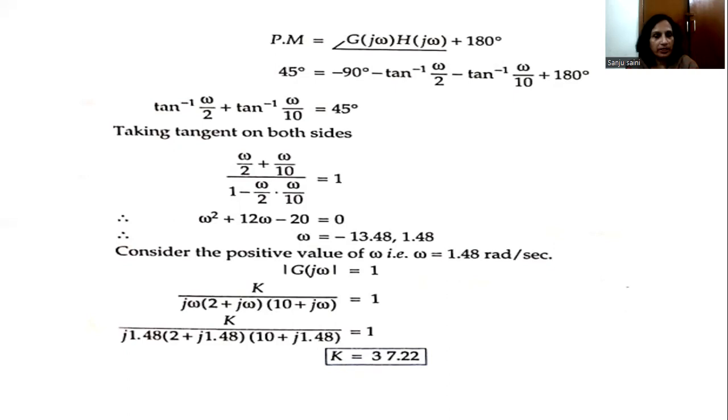So these are two frequency domain specifications that help us to identify the relative stability of the system. And for a particular value of the gain margin and phase margin, we can get the value of the gain that should be fixed.